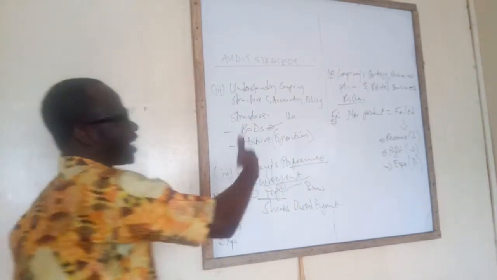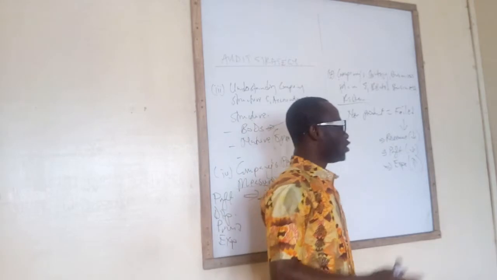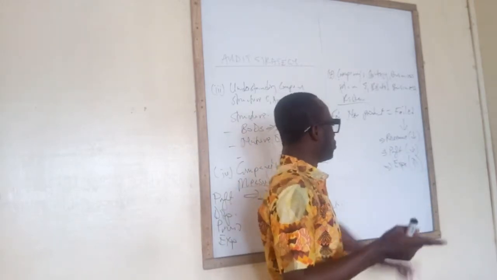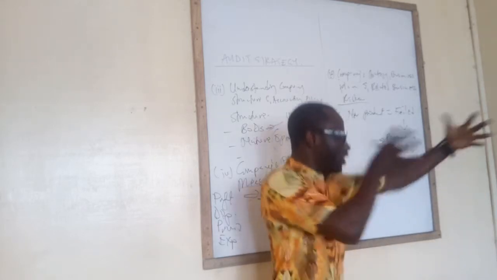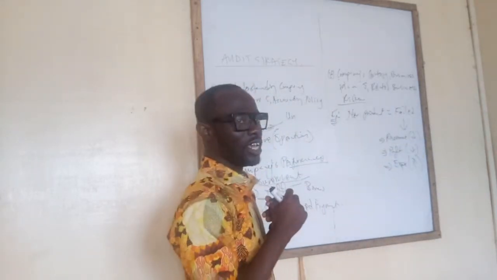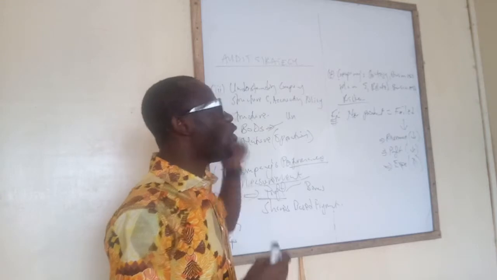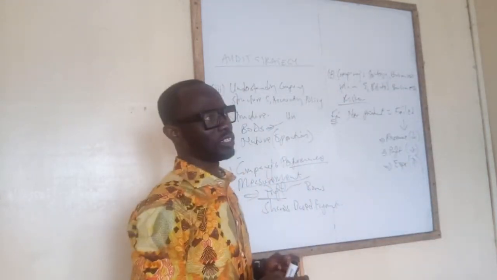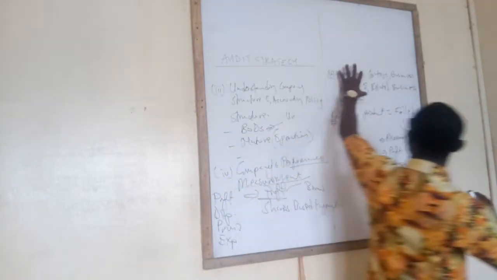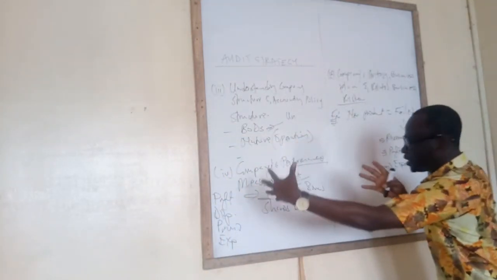Don't you think management is likely to do something to these figures to still position the company in a profitable state, so that at the end of the day they will declare, "Oh, even though our product failed, we still made a profit." So we as auditors must understand what kind of strategy the business is putting in place.